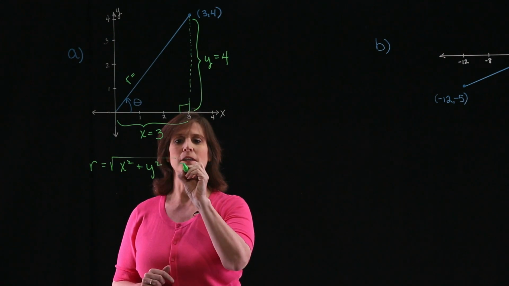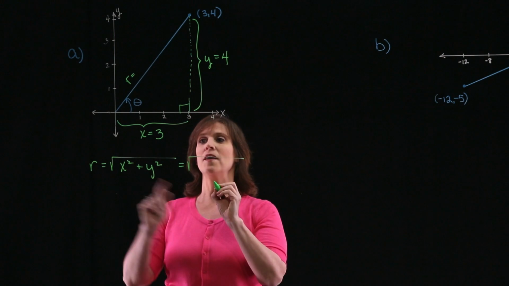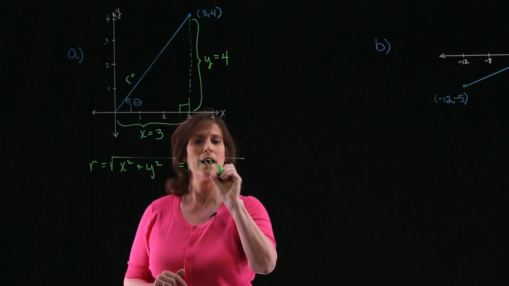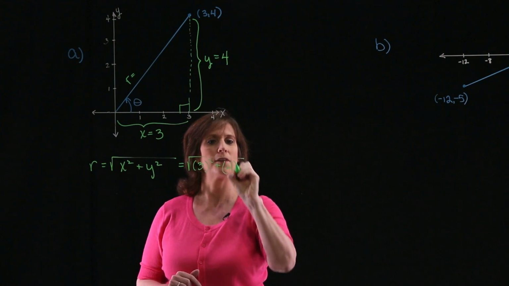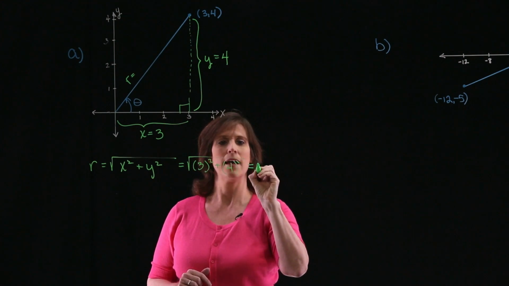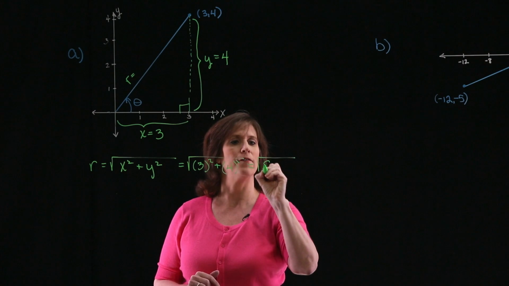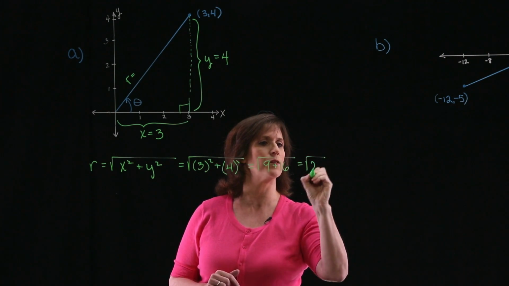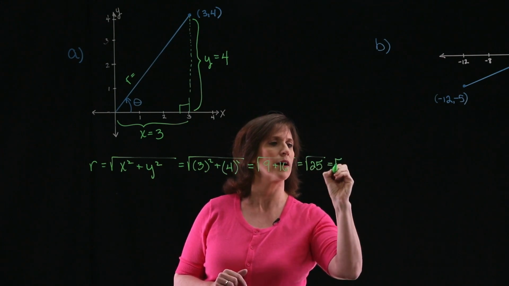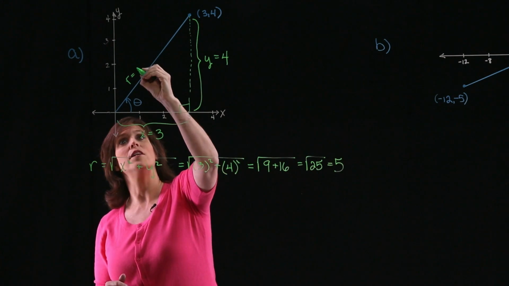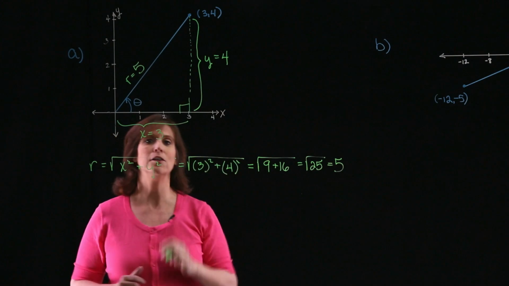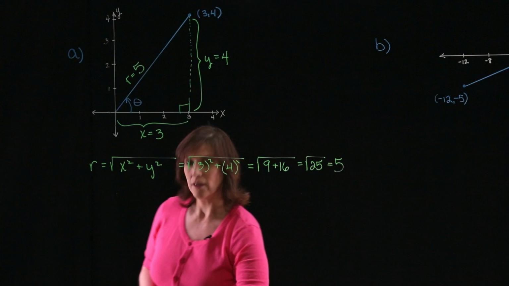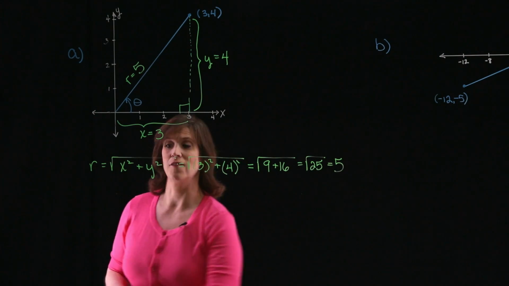Let's fill in the information. x is 3, so I have 3 squared. y is 4, so that's 4 squared. So I've got the square root of 9 plus 16, which is the square root of 25, or 5. So that hypotenuse has length 5. I have all the pieces I need now to find all 6 trig function values.